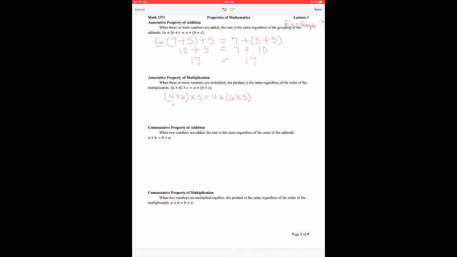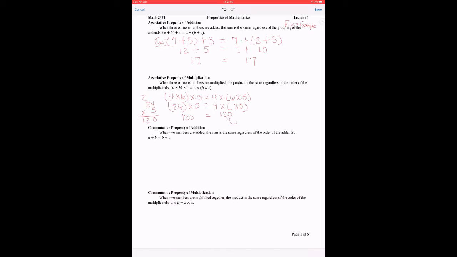So on the left side we have 24 times 5, which for me is easier to set up vertically, so that's 24 times 5, which is 120. So this side is equal to 120, whereas if we regroup, the parentheses is 30 times 4. Well, we know 4 times 3 is 12, so that's 120. So again, both sides are equal.